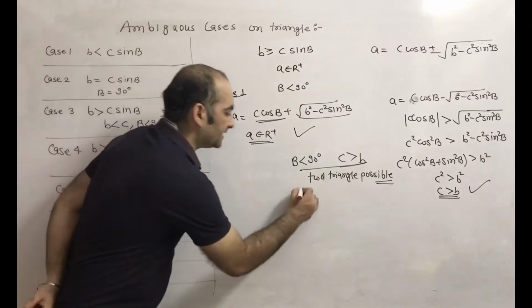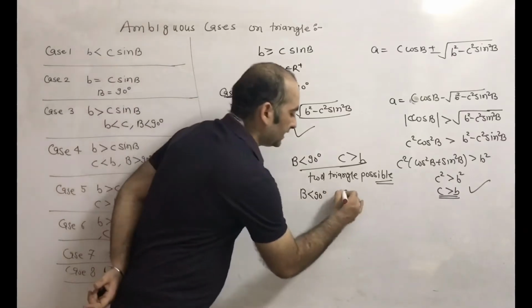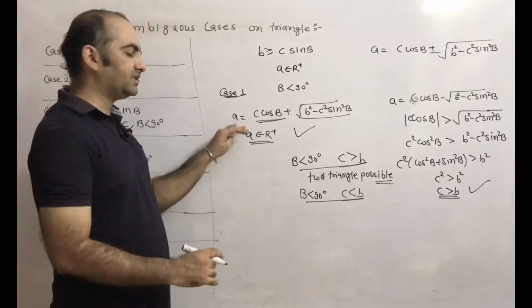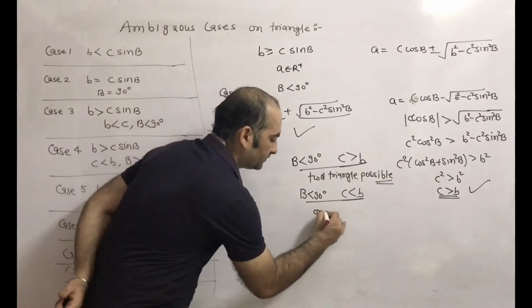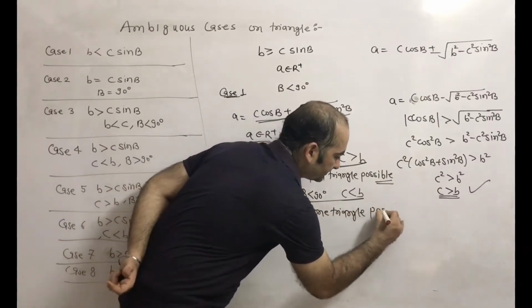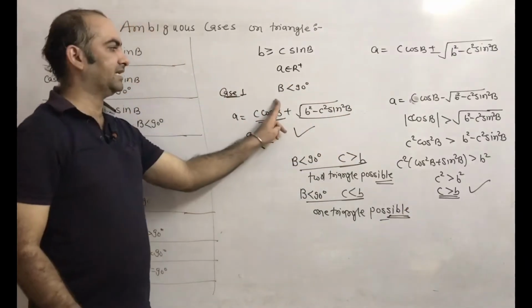But if B is less than 90 and c is less than b, then only one triangle is possible, that is this case. In this case there is no other triangle, so only one triangle possible. That is about B less than 90.